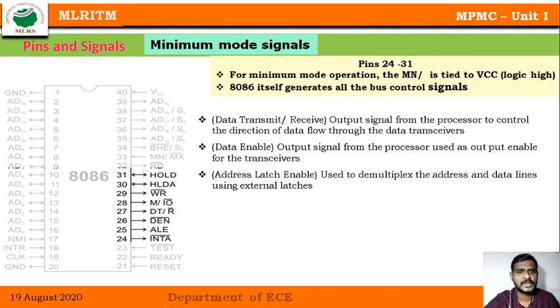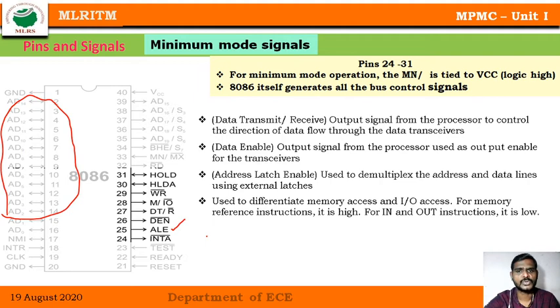Using pin number 25 only, we can know what type of information is being transmitted on the multiplexed address-cum-data bus, whether it is data or an address, by this address latch enable signal.